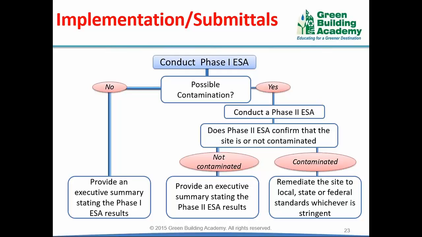But if the answer is yes, meaning there are possible contaminants detected by Phase 1 environmental site assessment, then you have to conduct a Phase 2 environmental site assessment. If Phase 2 confirms that the site is not contaminated, you will provide the executive summary again, stating the results, and get the prerequisite. If there are contaminants found, you will remediate the site to local, state or federal standards, whichever is stringent.